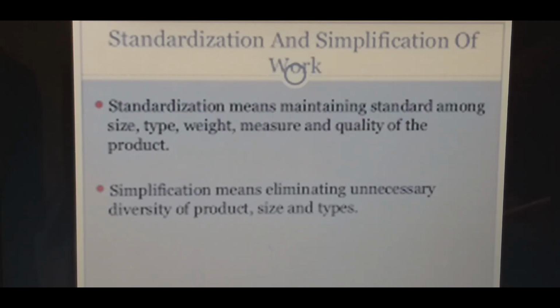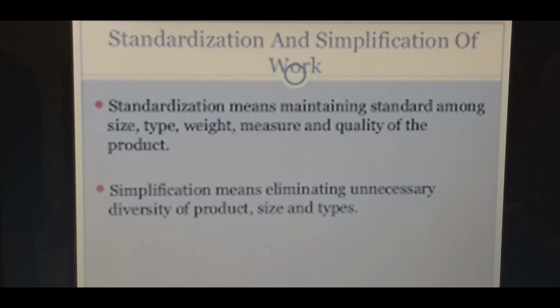If suppose they manufacture the shoes of all these sizes, it means it will require more of machines, more of labor which has to be recruited, more of raw materials will be required. So Taylor said that that will lead to wastage of the resources, whether it is the manpower who is employed in manufacturing these shoes of these sizes, or whether it is the material which is being required, the money gets wasted.